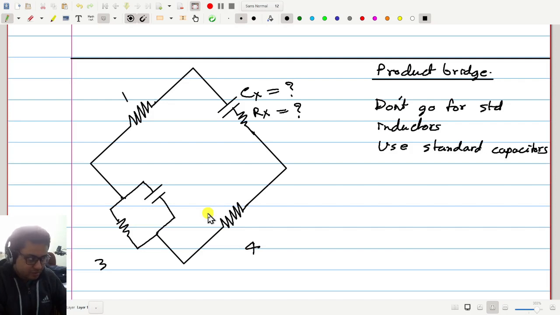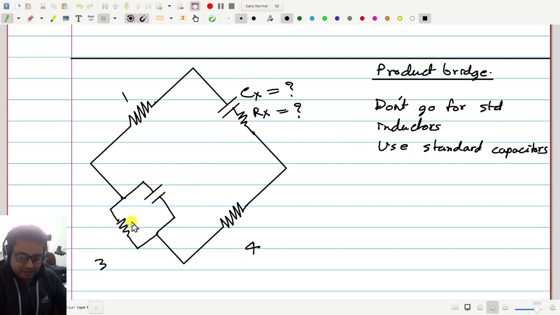Sir, I don't think it will satisfy that phase criteria. Excellent. The sum of theta 1 plus theta 4 is 0, but the sum of these two angles is not 0. So this is not balanceable.